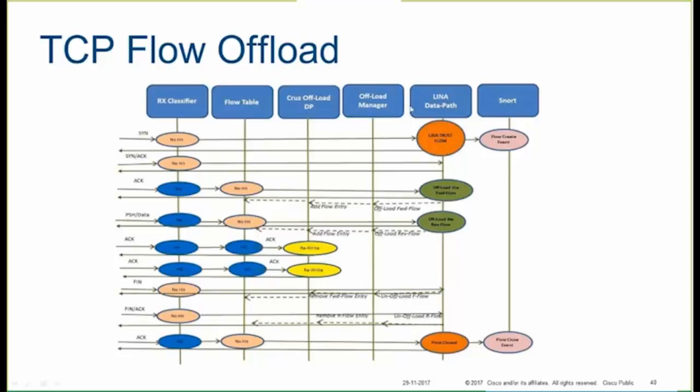And here is where our FTD engine starts, and here is our LINA data path, and then we have the SNORT. So it initially starts off something like this, wherein we first receive a SYN packet. As I mentioned, it first goes to the RX classifier, and because this is a control packet, being a SYN, we directly send the packet over to LINA, and LINA will perform the ACP rule checks, and it will try to determine if the action is set to fast path.